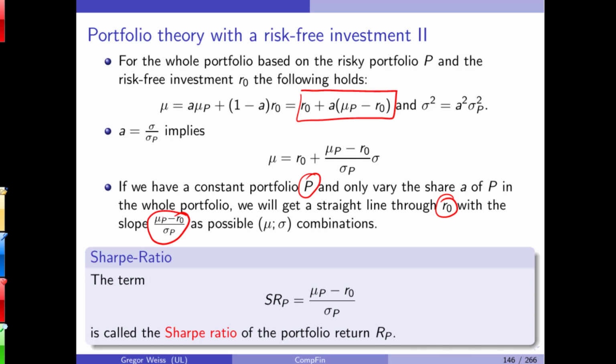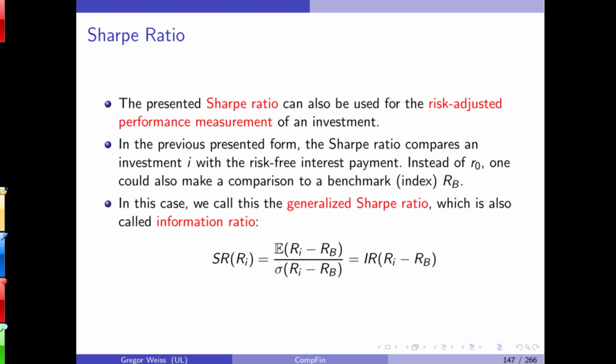The Sharpe ratio is defined as the expected return on a portfolio minus the risk-free rate, divided by the standard deviation, the volatility of the portfolio. And this can be viewed as a risk-adjusted performance measure.